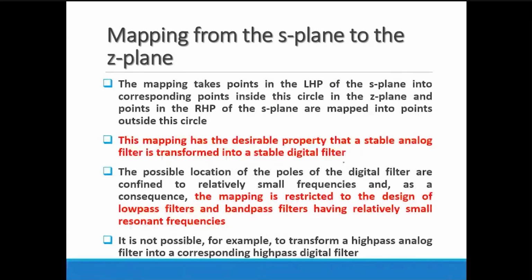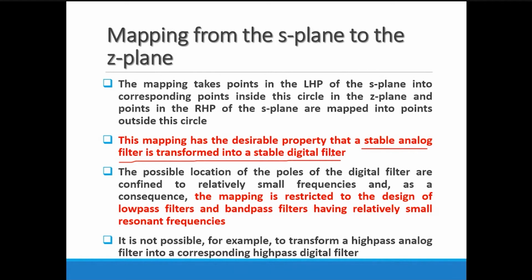So by using this desired property, whatever analog filter we utilize for the design has all its points in the left half plane, and using this transformation method, whatever digital filter we design, by applying these values in the z plane, we see that again they give you points inside the unit circle.